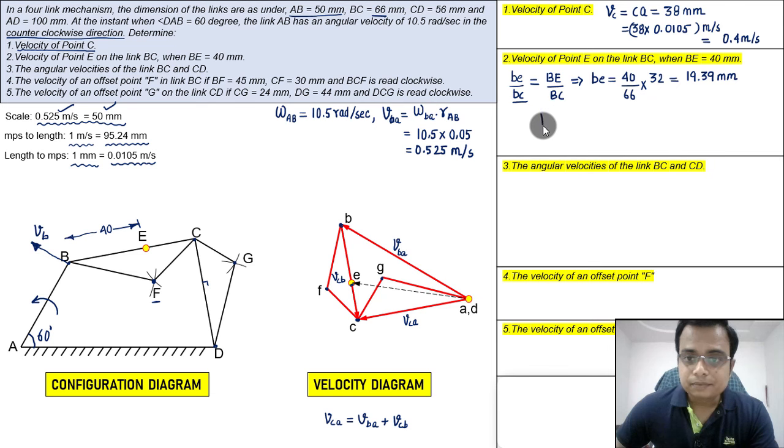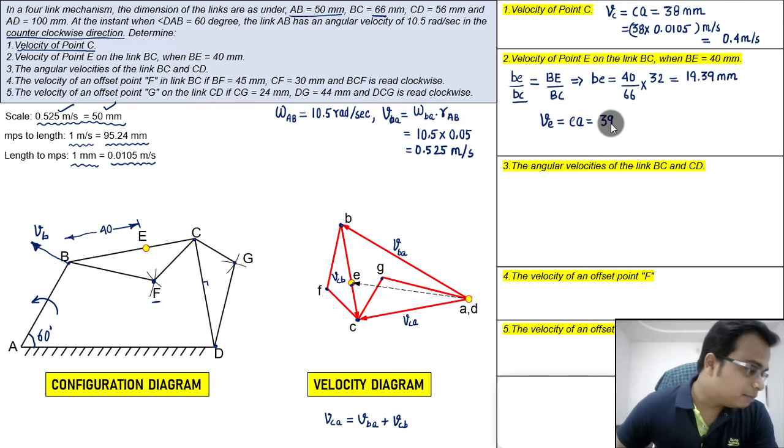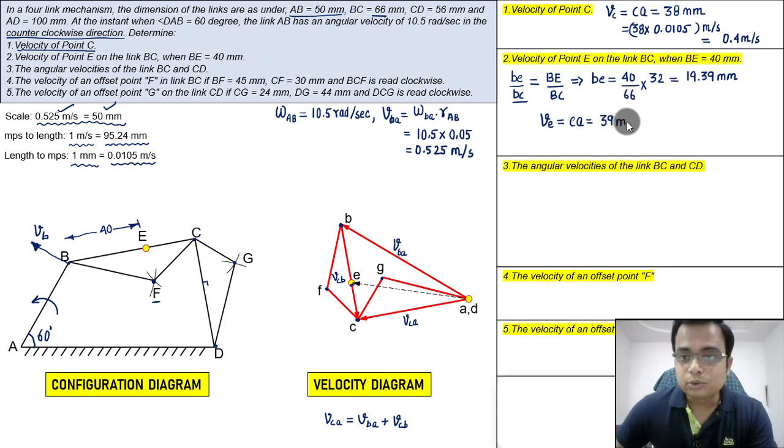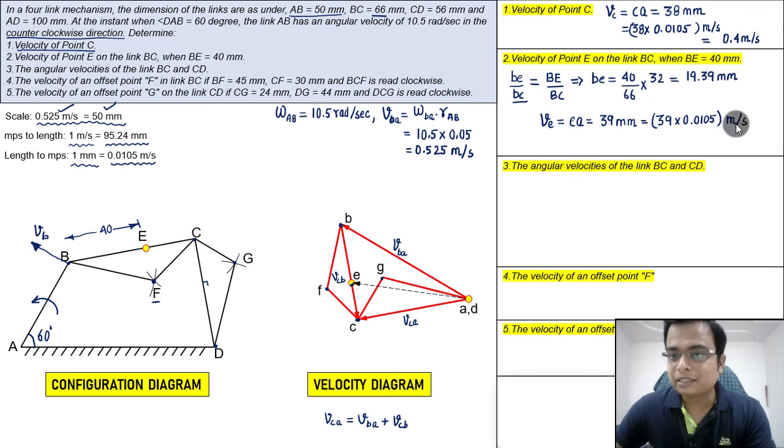Here we have it. VE, measure this from E to A, is equal to EA, and this is going to work out as, let me see, 39 millimeters, isn't it? And then you need to do the conversion. It's pretty easy. 1 mm is equal to 0.0105, and this will work out in meters per second. And guys, just do the calculation.